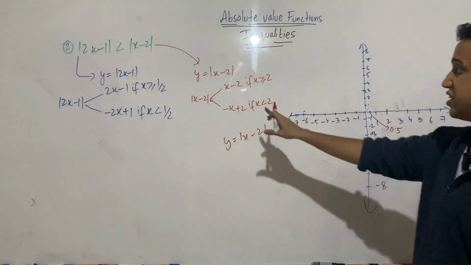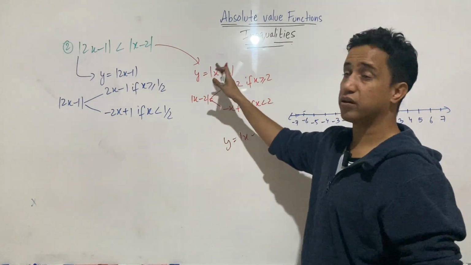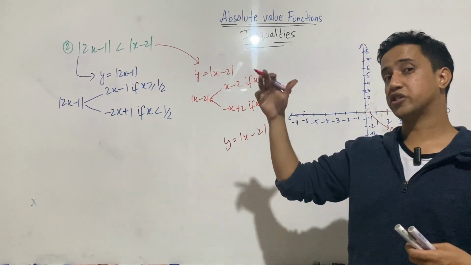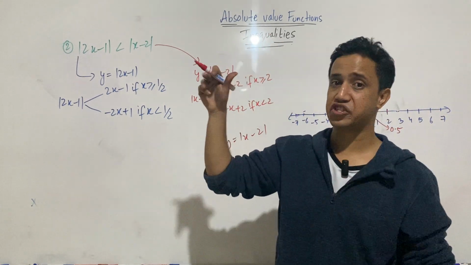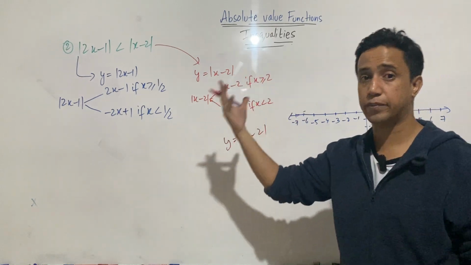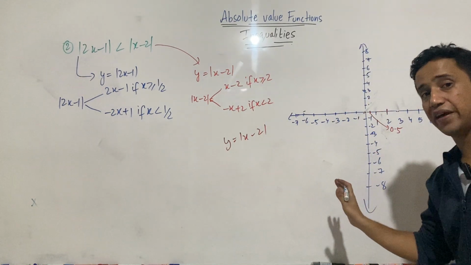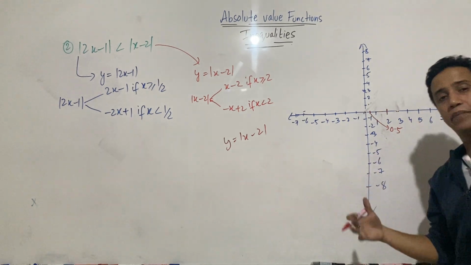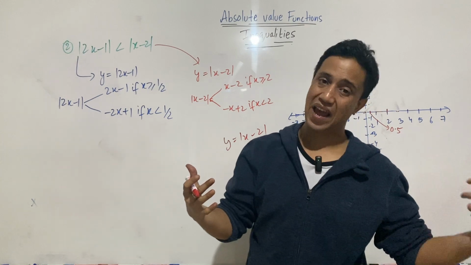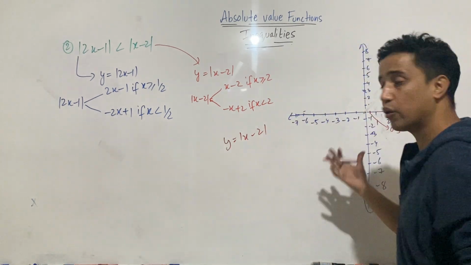Of course, if you compare this equation with the equation of transformation y equals plus or minus a times x minus h plus k, then you will get x-intercept 2, y-intercept 0. I didn't say all that because I think in almost all the questions I had said that. So now it's obvious.